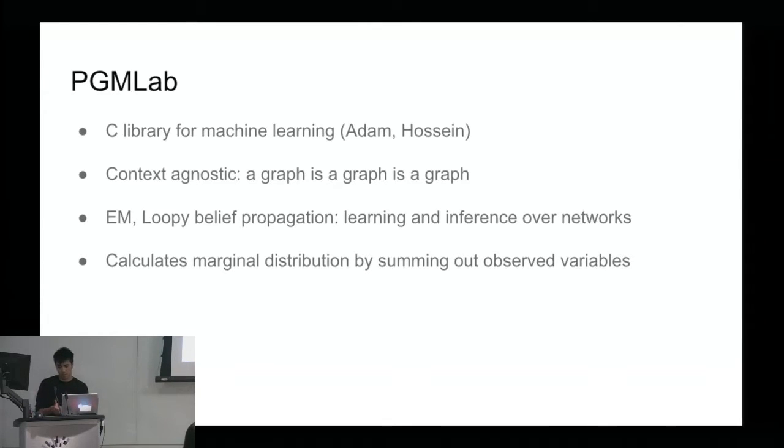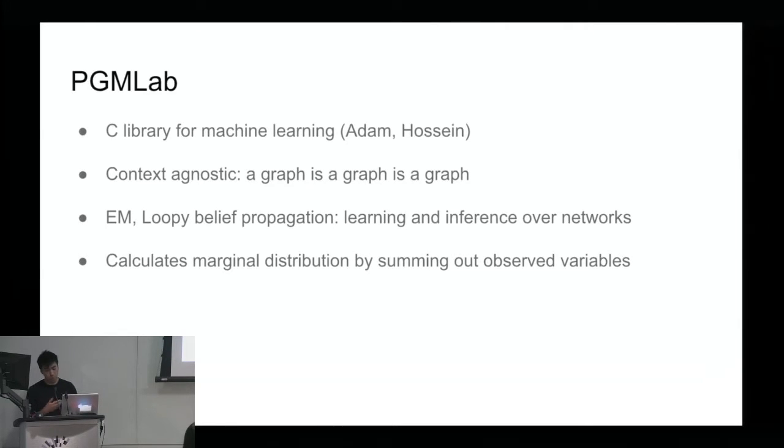When I took the course, my professor made us do these by hand. They were pretty hellish. You can imagine given a lot of nodes and a lot of connections, the computational complexity can explode. But PGMLab implements some algorithms that make it faster and more efficient to do so.